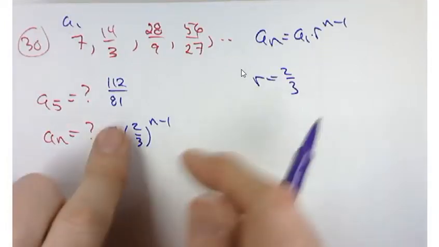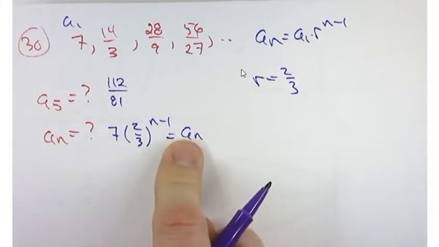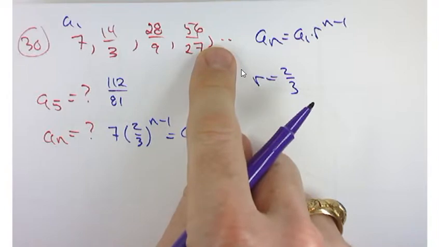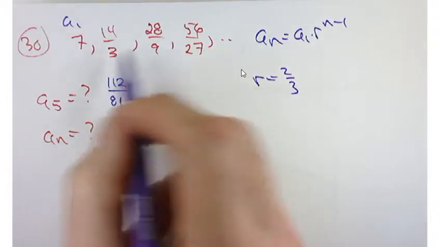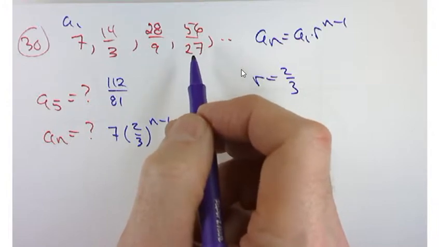Well, you could do something with the n minus 1. This is the general term, so I got the fifth term by just realizing, okay, you keep on multiplying by 2/3. I wanted to minimize my thinking is what I did.